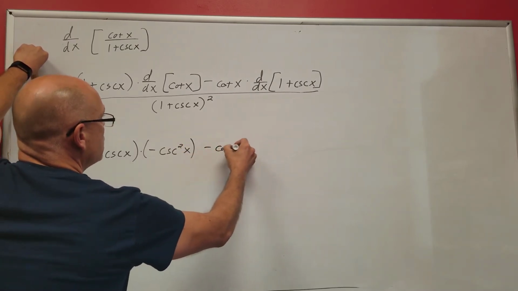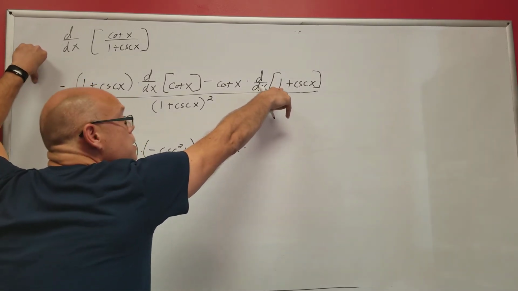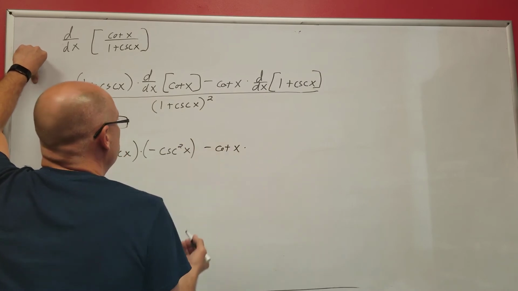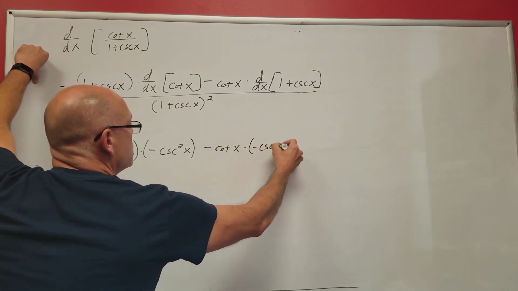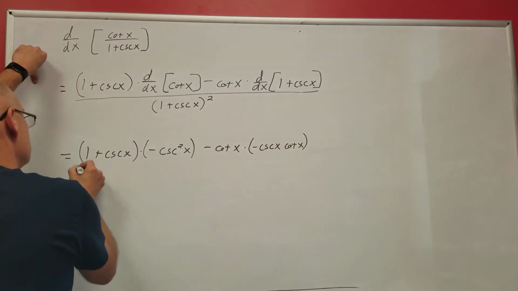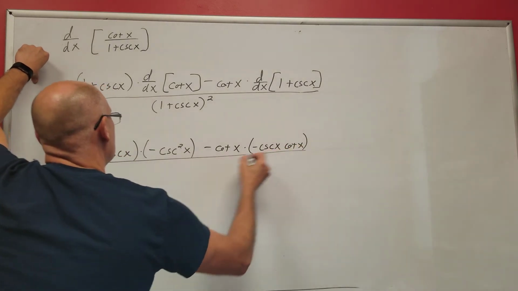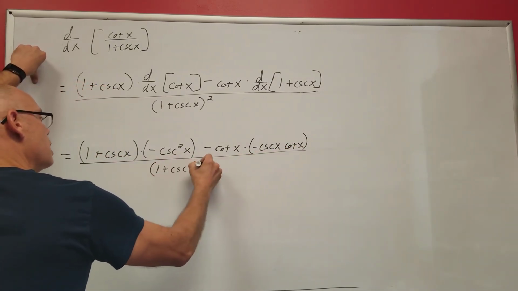Minus cotangent of x times, how about the derivative of this stuff? Well, derivative of 1 is 0. What's the derivative of cosecant? Negative cosecant of x times cotangent of x, all over 1 plus cosecant of x squared just comes down.